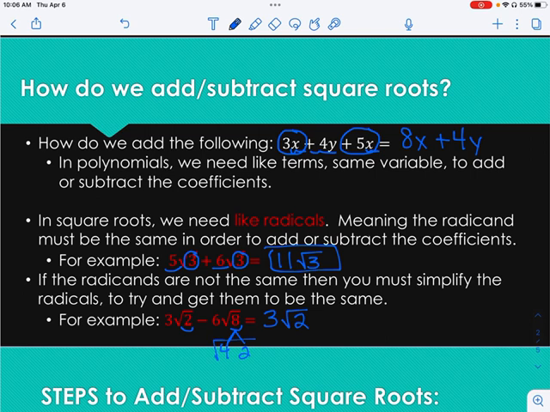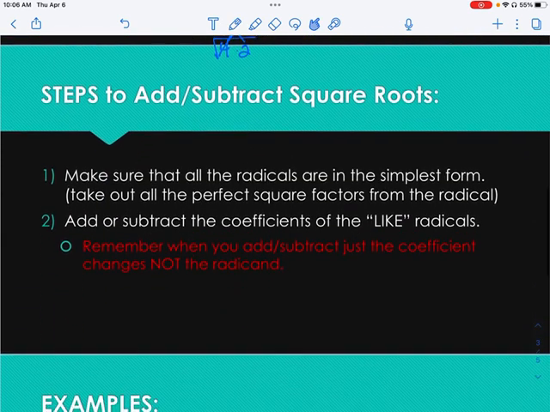So what I can do now is the square root of 4 comes out, becomes a 2. So that would turn that into minus 12 square root of 2. So now we have 3 square root of 2 minus 12 square root of 2, which gives me negative 9 square root of 2. Okay, so the rule there is we have to simplify our radicals and then look for like radicals when we add and subtract. So let's just go over those steps.